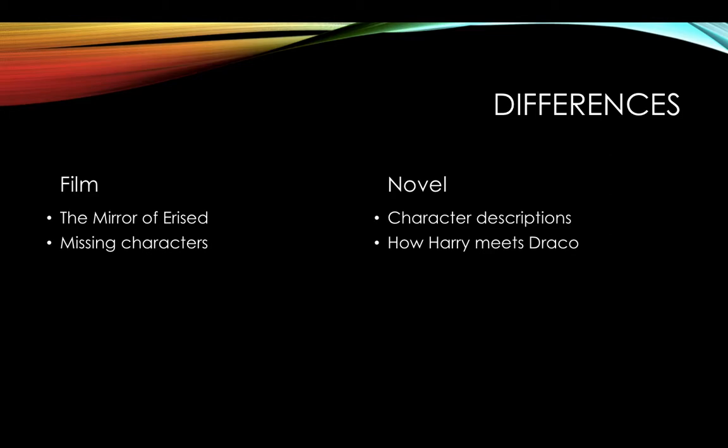Whereas in the film, for whatever reason, maybe it was due to unimportance or to speed things up, I mean, these are already pretty lengthy films, they had their first meeting be at the Sorting Hat ceremony, where they're getting put into their respective houses. So that was just a little difference that I noticed. And after researching it, it came up on quite a few different sites of things that were different between the movie and the novel.